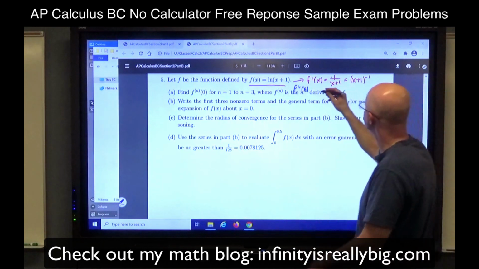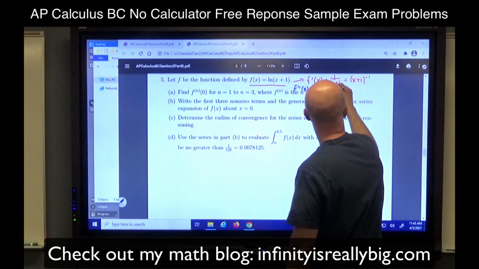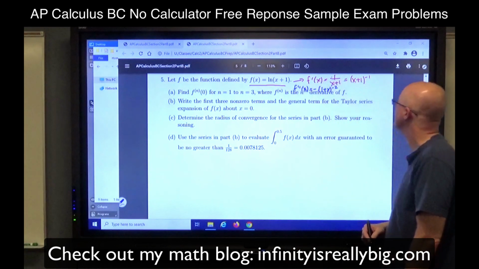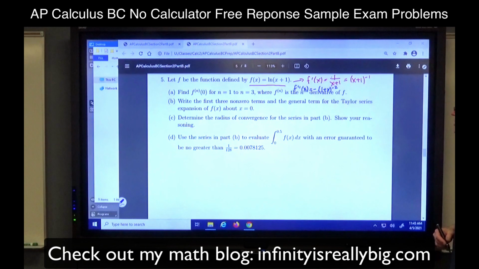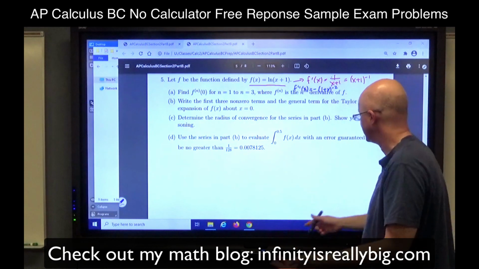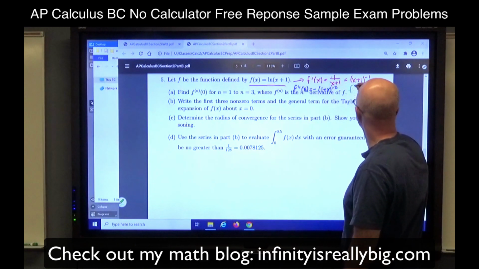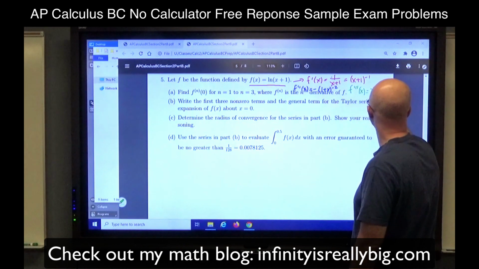I can just bring the negative 1 in front. Negative 1 plus x to the negative 2 power. Negative 1 minus 1 is negative 2. Times 1 from the chain rule, but again, multiplying by 1 doesn't change things, so I don't need to bother writing it. And we'll, I think, need f triple prime for sure as well. Bring down that negative 2, you get positive 2, 1 plus x to the negative 3.